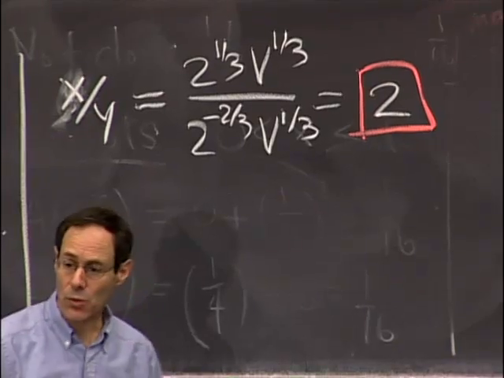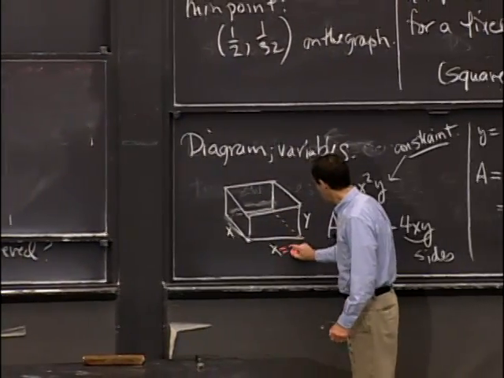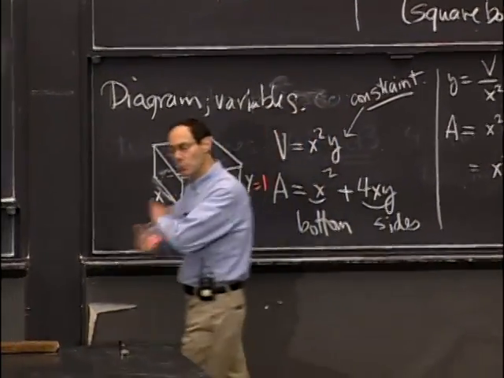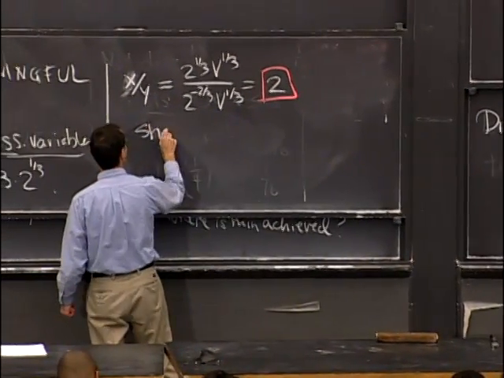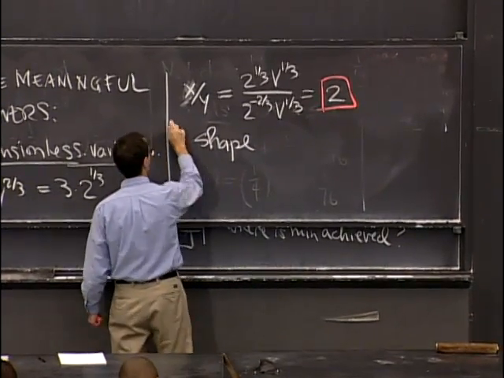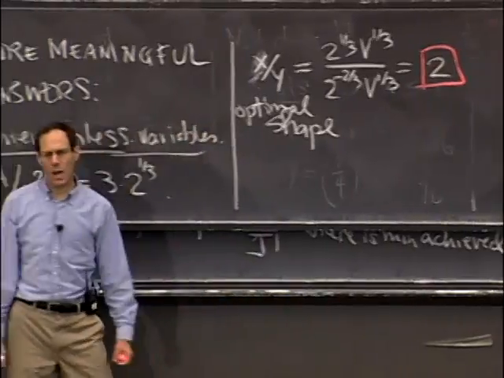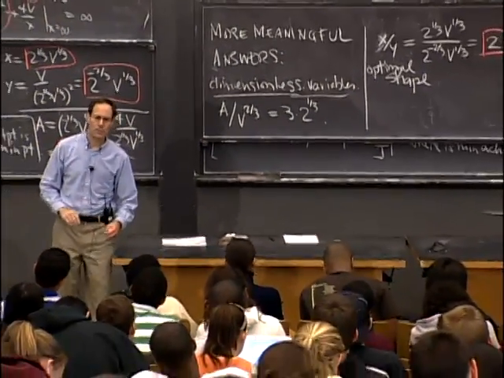And it shows you that the box is a 2 to 1 box. If this is 2 and this is 1, that's the good box. And that is just the shape, if you like. And it's the optimal shape. And certainly, that aesthetically, that's the cleanest answer to the question.